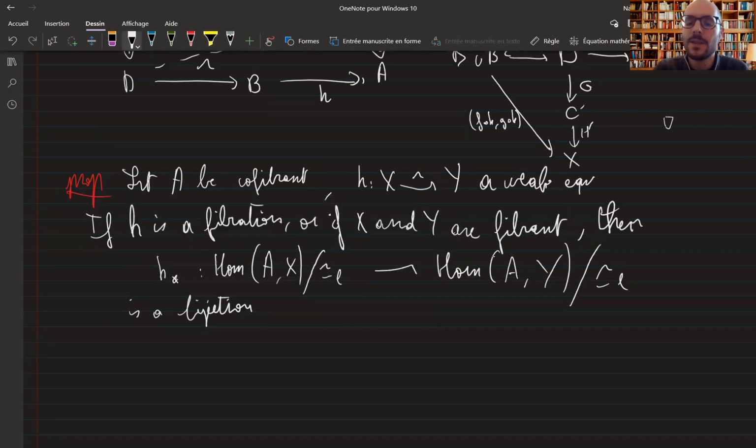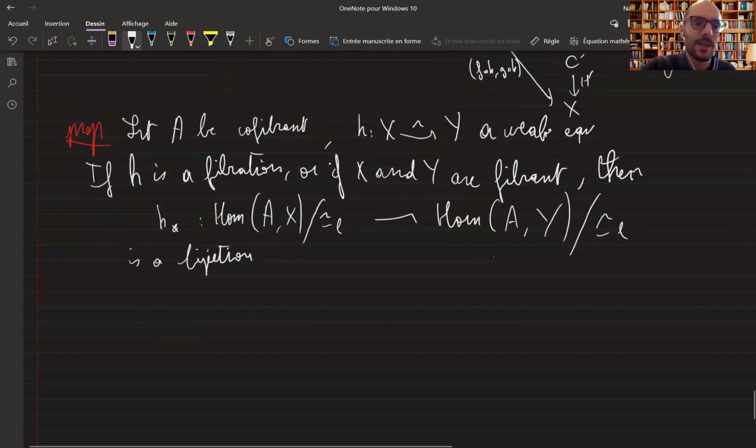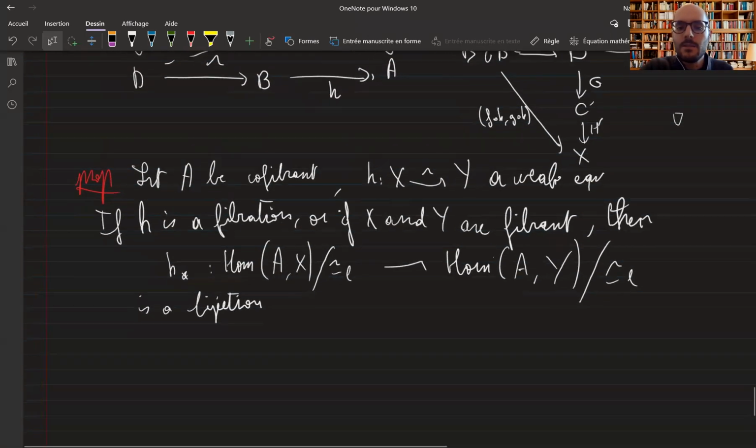It's often the case that we have a result which is true when at the target we have something which is either an acyclic fibration or a weak equivalence between fibrant objects. This is something that is called the Brown Lemma. We are going to just apply it in a particular case here, but it's something very general. So let's go about the proof, except if someone has some question before we begin.